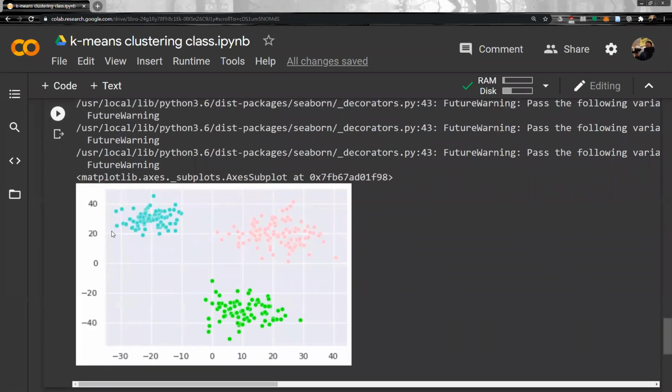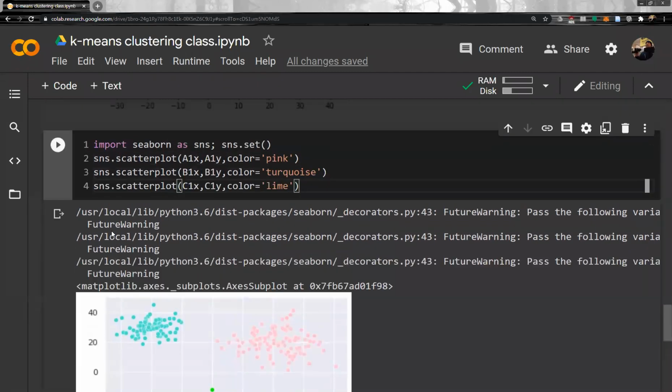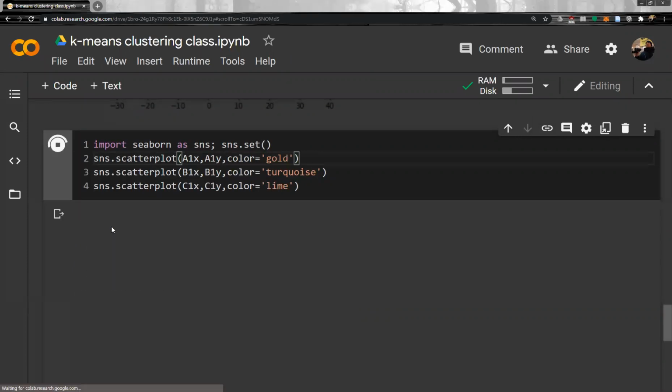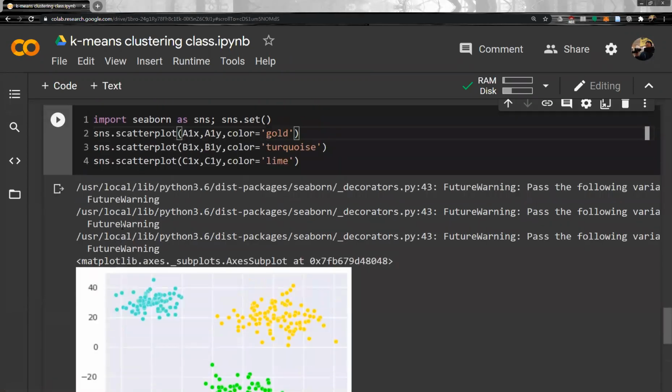Well, it's slightly prettier. Oh, we have to put center. So let's make it pink. Pink is a bit weak, so let's make it gold. Okay, and then let's put center.